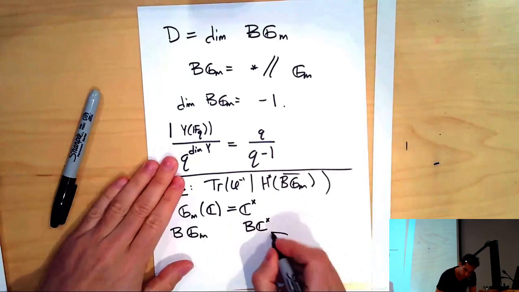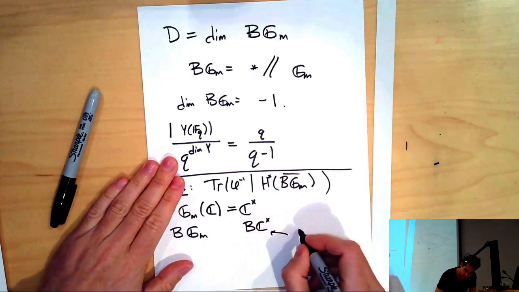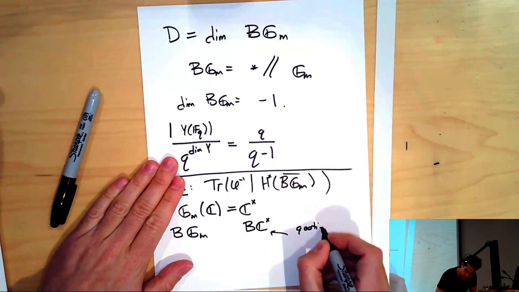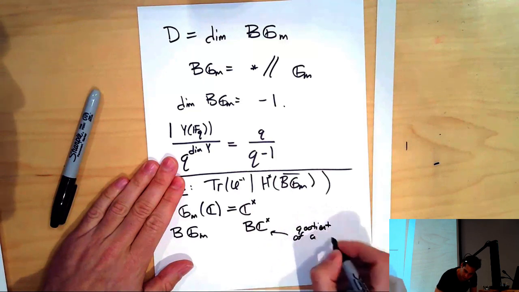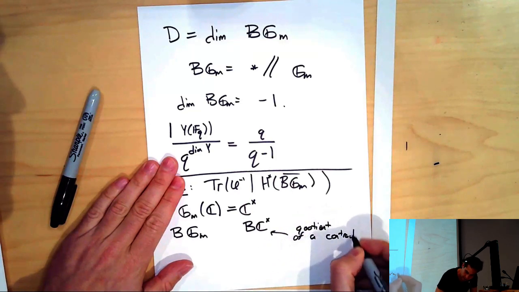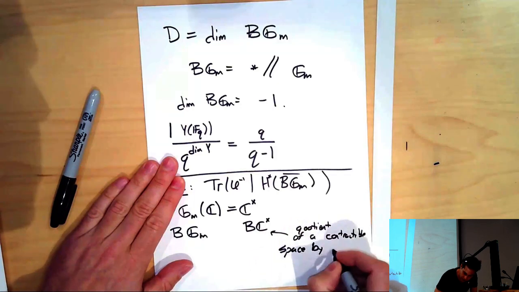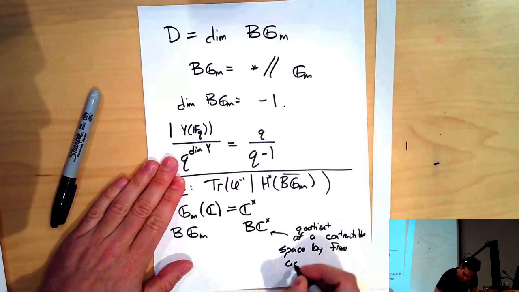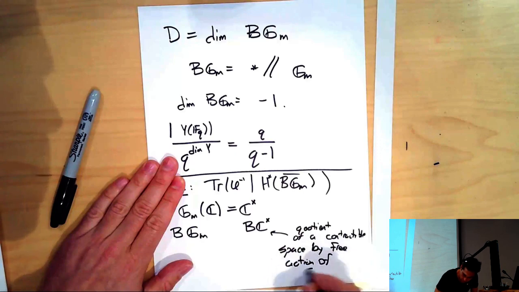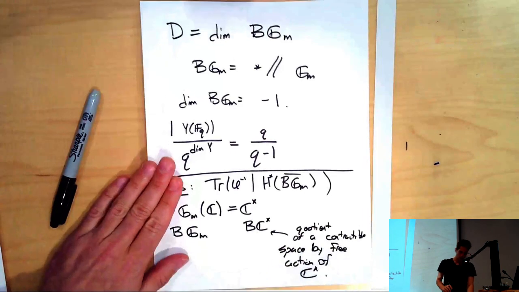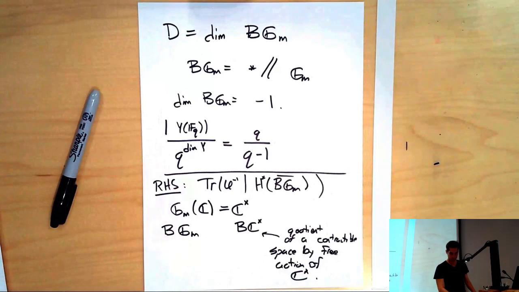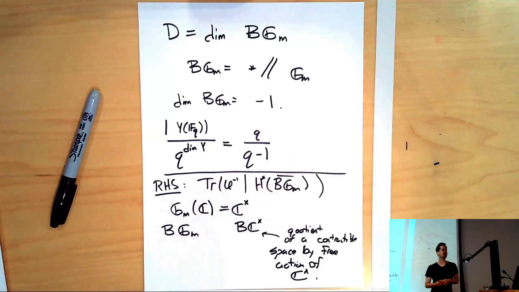So this is a space that you get by taking the quotient of a contractible space by a free action of the group C star. It's well defined up to homotopy equivalence.